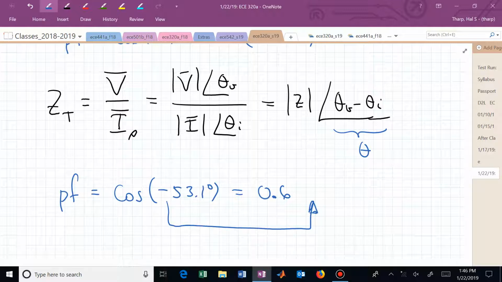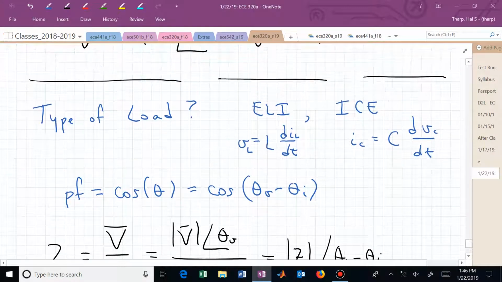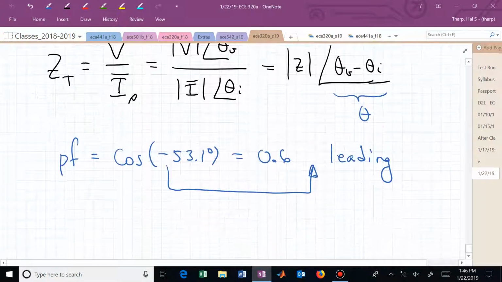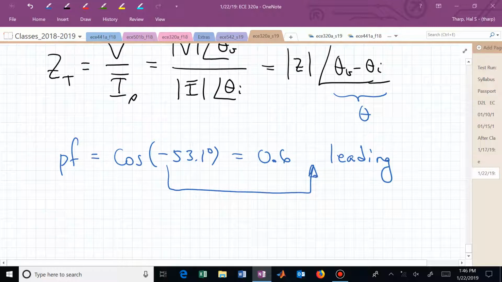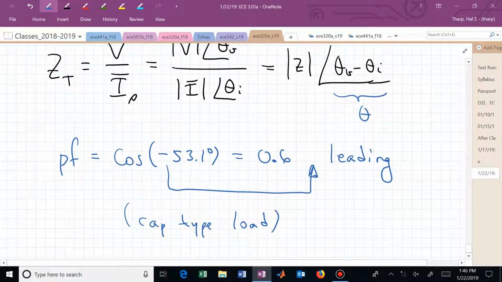That negative now says, oh, we actually had a leading phase, and so now the current leads the voltage, or we essentially have a capacitive type load.